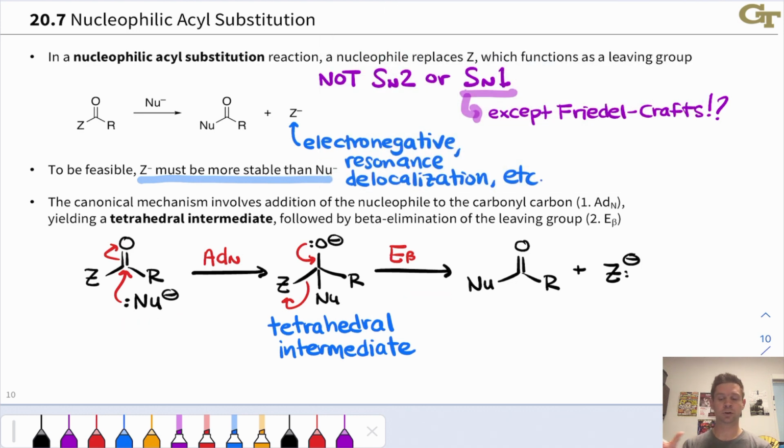This is the canonical or typical, or as I like to call it, default mode mechanism for nucleophilic acyl substitution. And you'll hear it referred to as SNAc, substitution, nucleophilic at an acyl group or acyl carbon, since the electrophilic carbon is a carbonyl carbon.